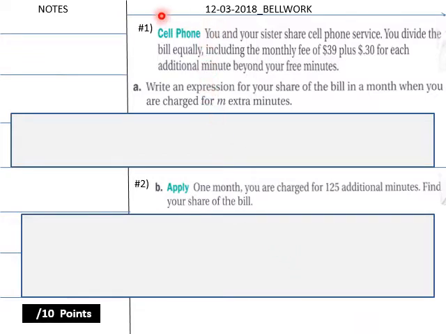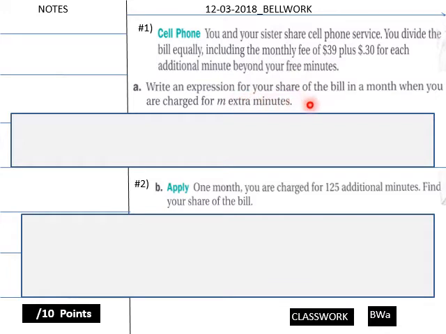For today's bell work, we have a word problem here and then a continuation of the word problem down here. You and your sister share a cell phone plan. You divide the bill equally, including the monthly fee of $39 plus 30 cents for each additional minute beyond your free minutes.